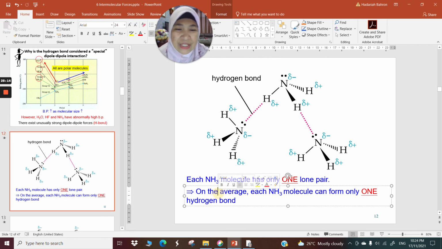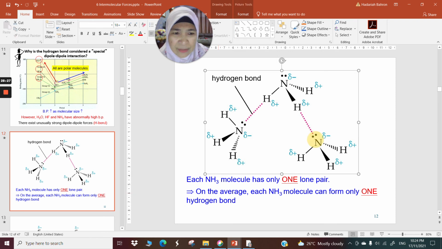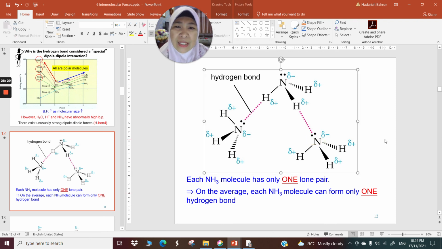On average, each ammonia molecule can only form one hydrogen bond. Why is that? Because each ammonia has only one nitrogen, and that one nitrogen is the only atom that has a lone pair. And lone pairs of electrons are needed to form hydrogen bonds.